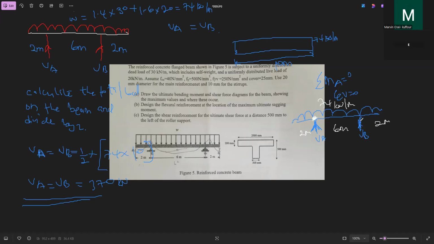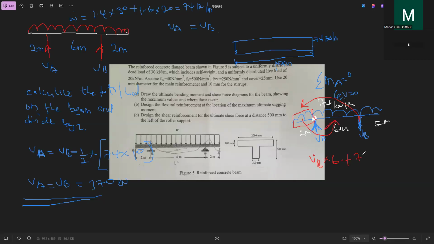If you check VB, it is turning it this way, which is VB times the distance from VA to VB, which is 6. That is what's anti-clockwise. And what again is turning it anti-clockwise? This portion of the UDL is turning it this way.